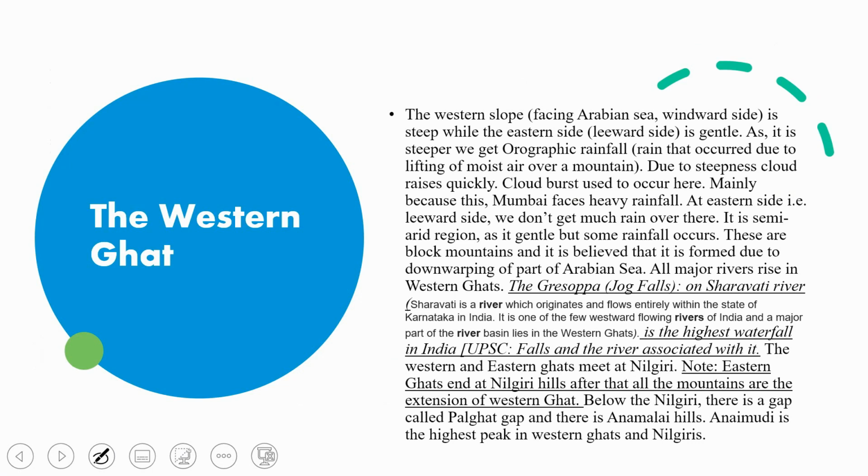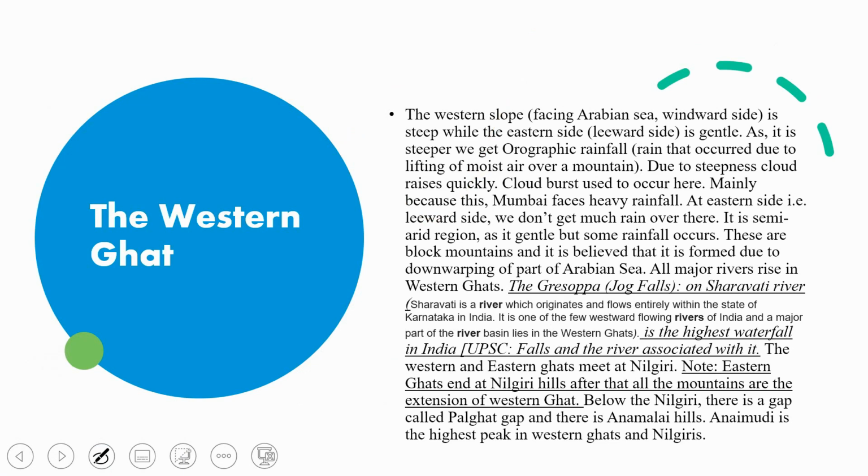Okay, so now the Western Ghat, we will see the Western Ghat. The western slope facing the Arabian Sea is the submerged one, like it is steep. Like if this is steep, it is going in this way. The eastern side, the leeward side, is gentle and gets less orographic rainfall.